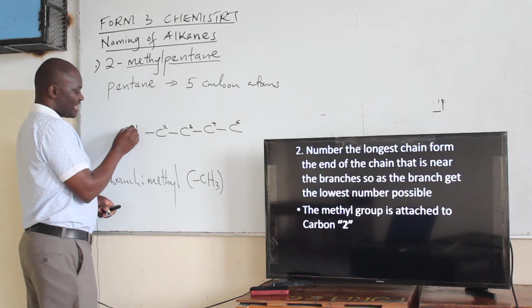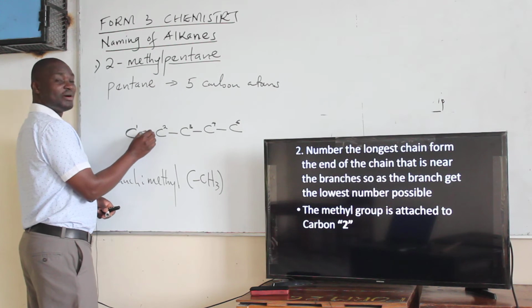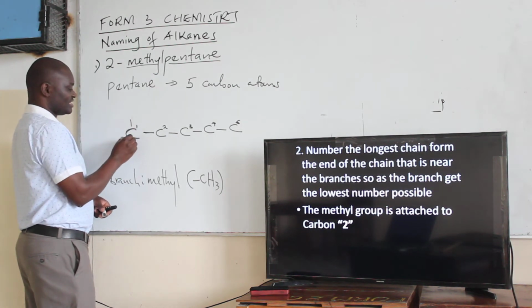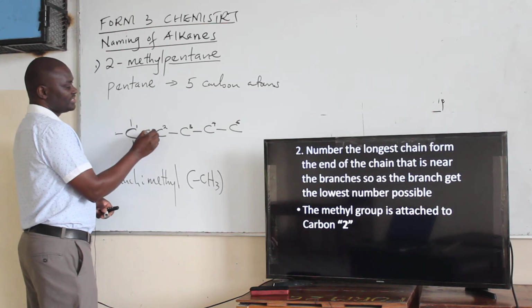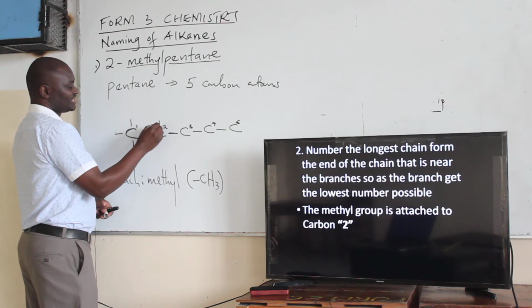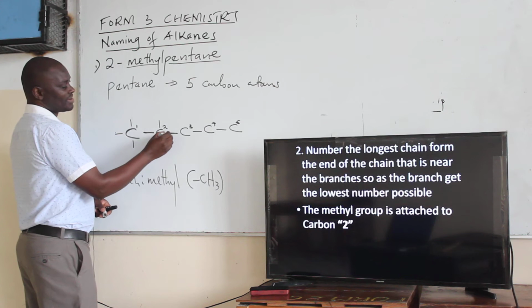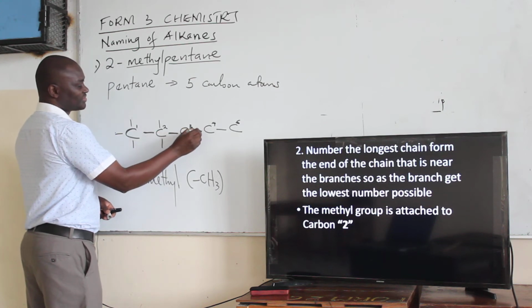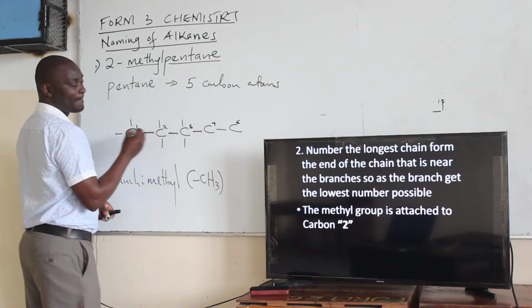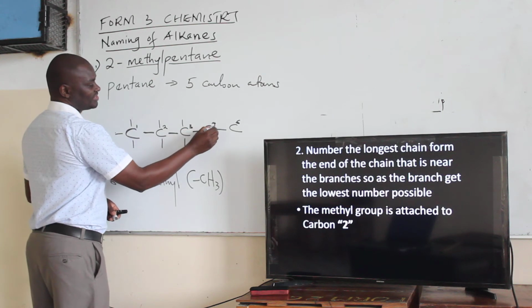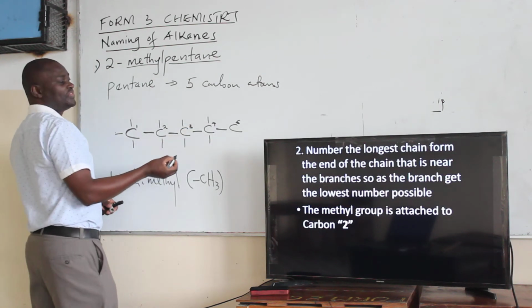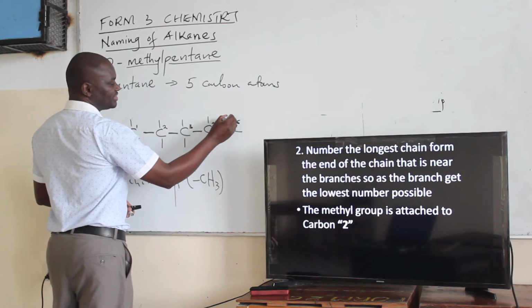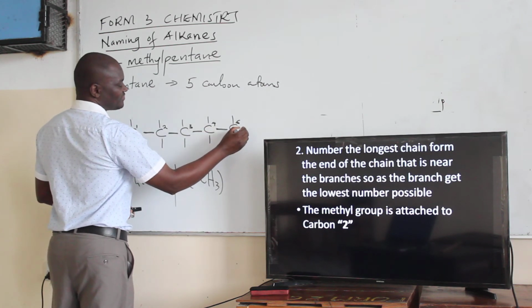This carbon here has 1 bond, 2, 3, 4. This one here has 1, 2, 3, 4. This one has 1, 2, 3, 4. And the fifth carbon, 1, 2, 3, 4.